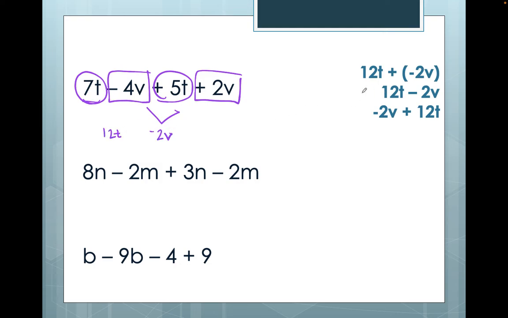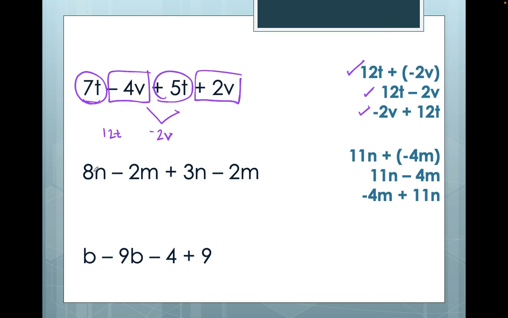So when you put those answers together, you can put them together like this, 12t plus a negative 2v, or 12t minus 2v, or you could even write them in a different order with negative 2v plus 12t, just depending on the order that you wrote the problem.